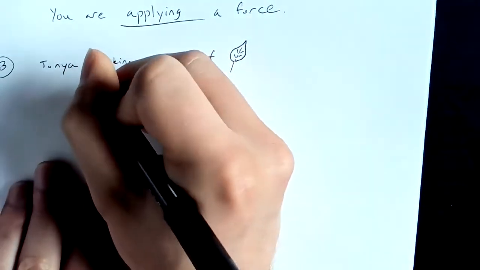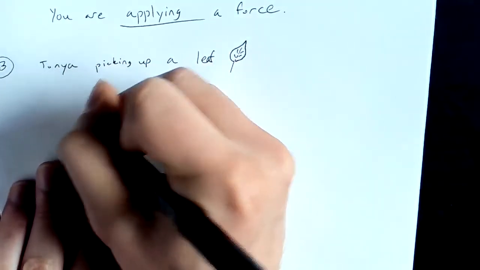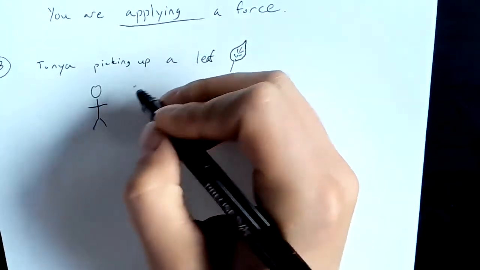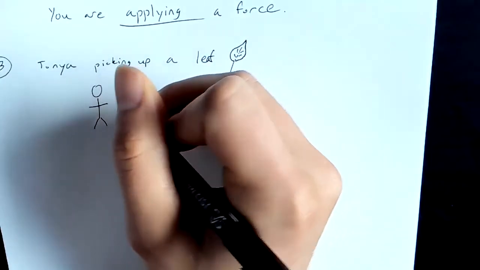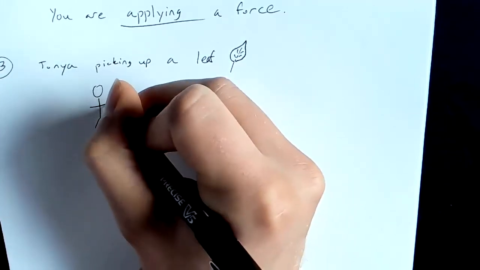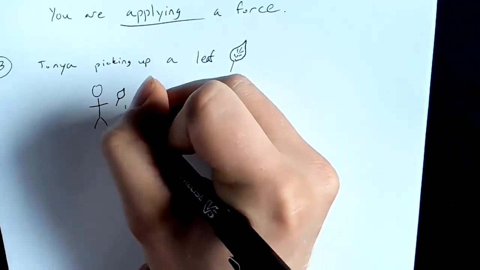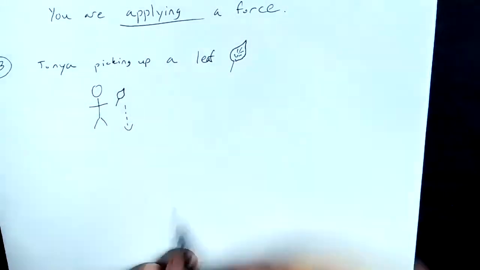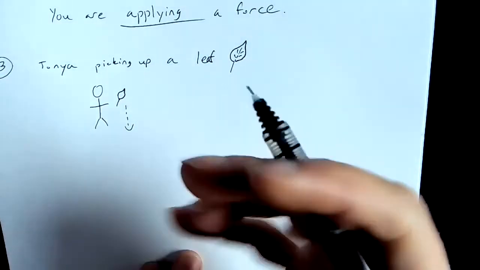So we'll draw that out. Tanya holds the leaf, and then she lets it drop and it falls to the ground.